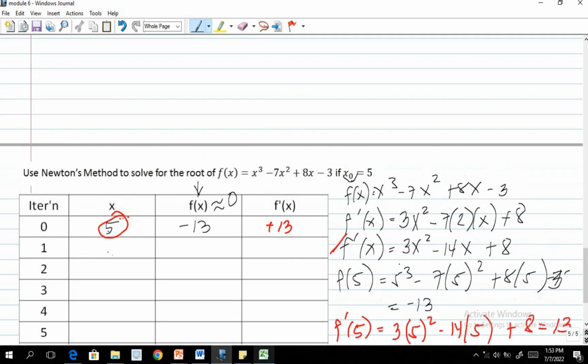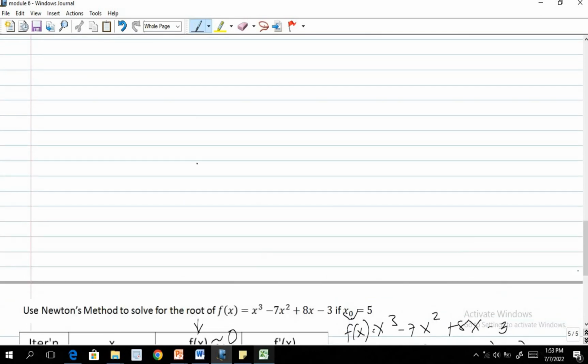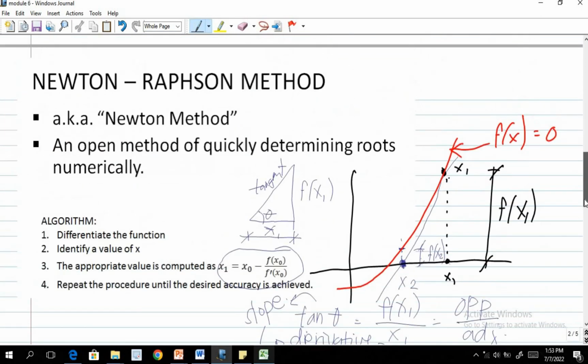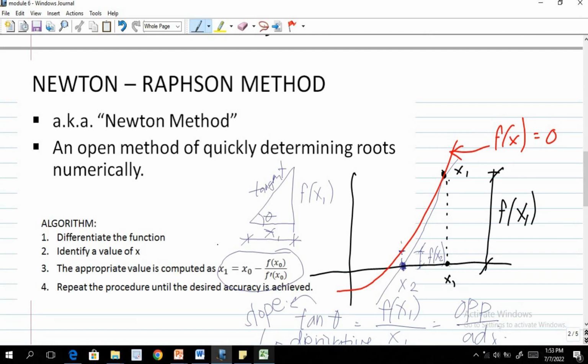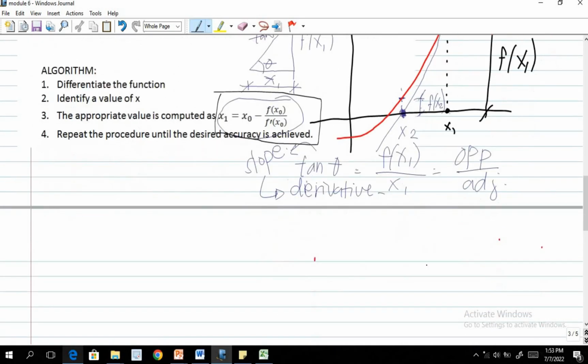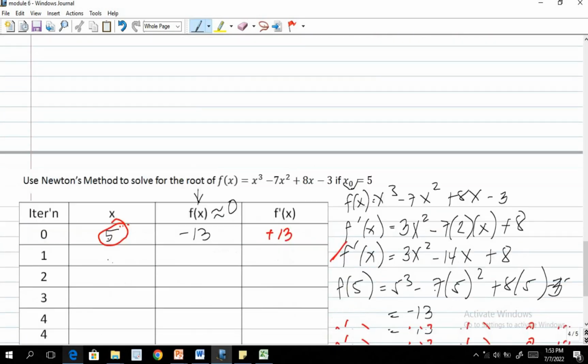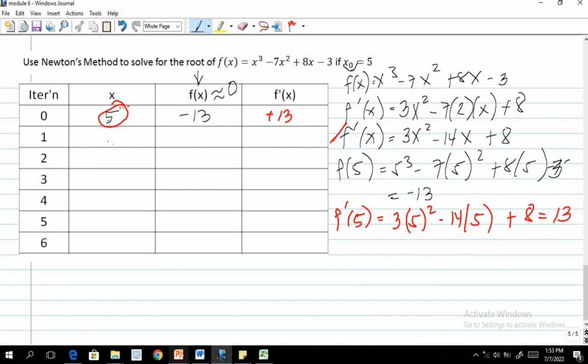We try to go back again doon sa may first na notes natin, dito sa may RP. May given na equation dito. Ito: x1 is equal to x0 minus f function of x0 over f prime x0. So, yan yung gagamitin natin ngayon para makuha natin yung value ng x dito sa may iteration 1.